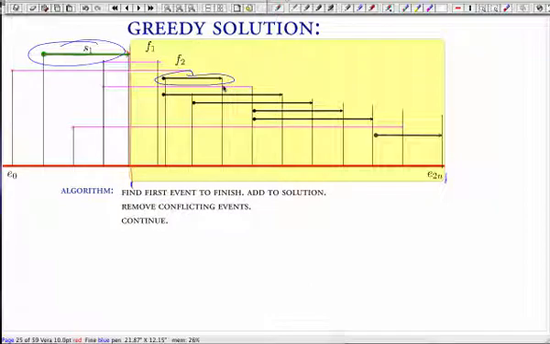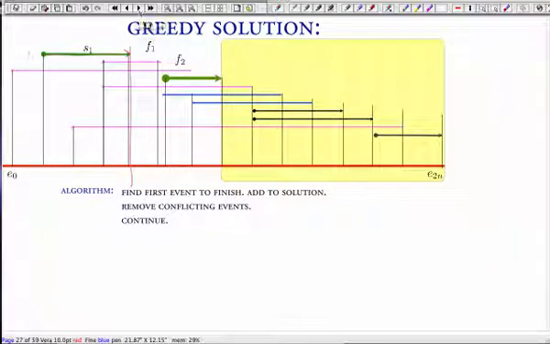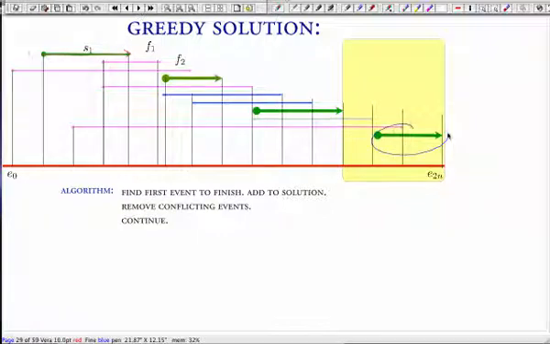This is the first to finish, so we take that, and we know that nothing that overlaps with this newly selected one can be part of the solution. So we remove anything which overlaps, the one shown in blue, and we consider this smaller problem. And then you can basically see through 2 more iterations, we basically have an optimal solution.